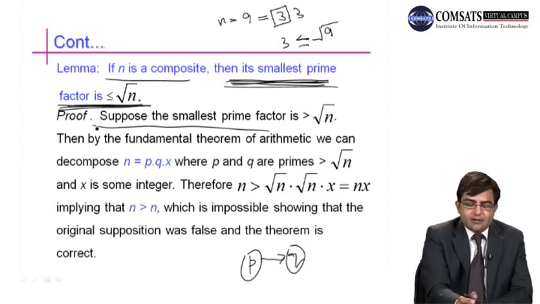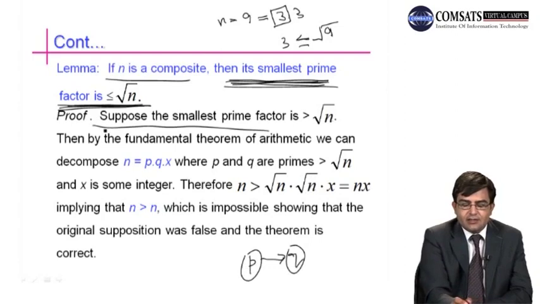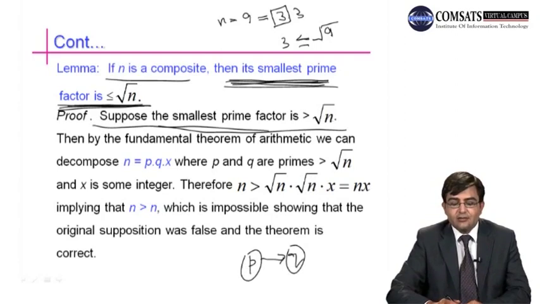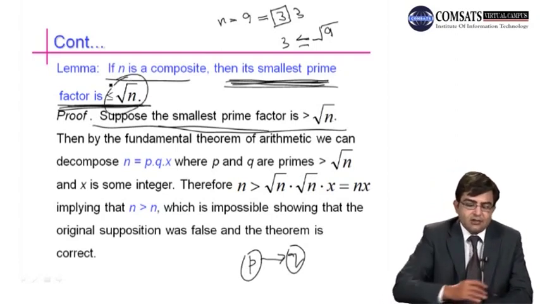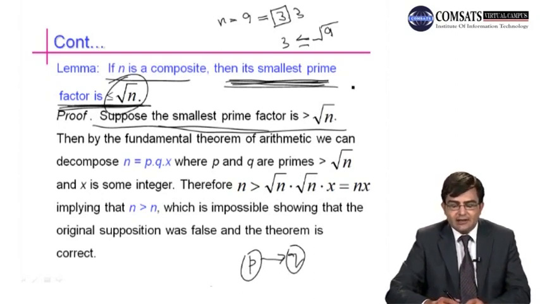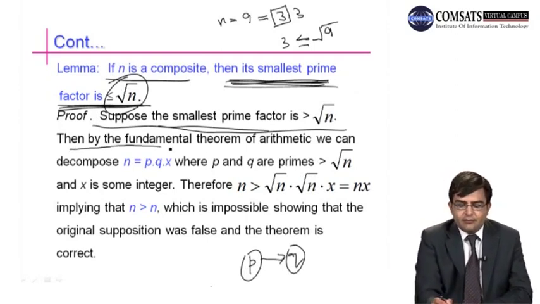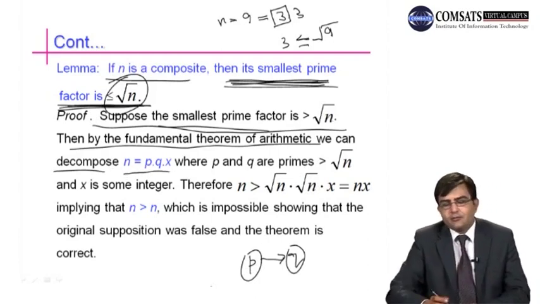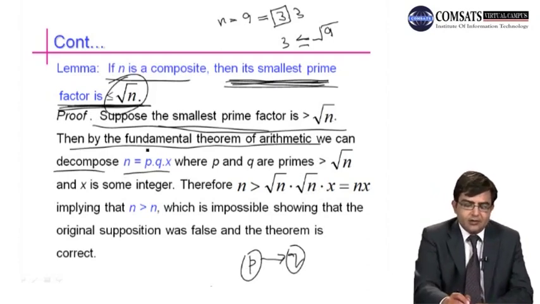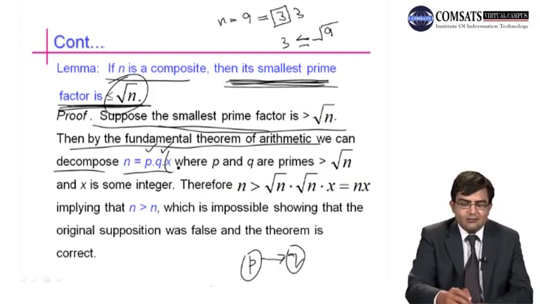So by the method of contradiction, we suppose that the smallest prime factor is greater than square root of n. We have to prove it is less than or equal to square root of n, and the negation of this is greater than square root of n. Then by the fundamental theorem of arithmetic, we can decompose n as a product of prime numbers, where p is prime, q is prime, and x is any number.